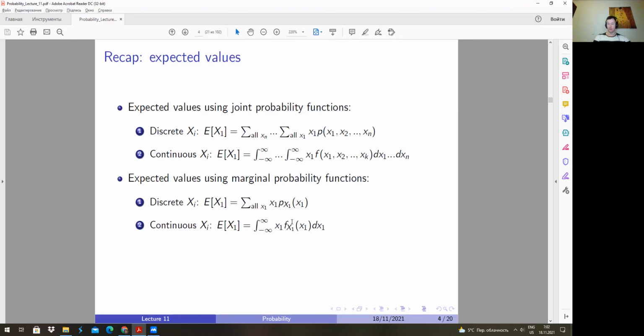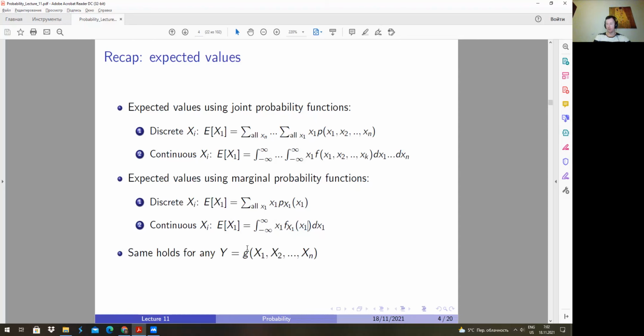And for the continuous case as well, when we integrate over all variables but x1, we will get the marginal probability density function. And when I have this last integral over x1, it exactly defines the expectation of x1 using the marginal probability function. So both ways are possible, whichever you prefer.